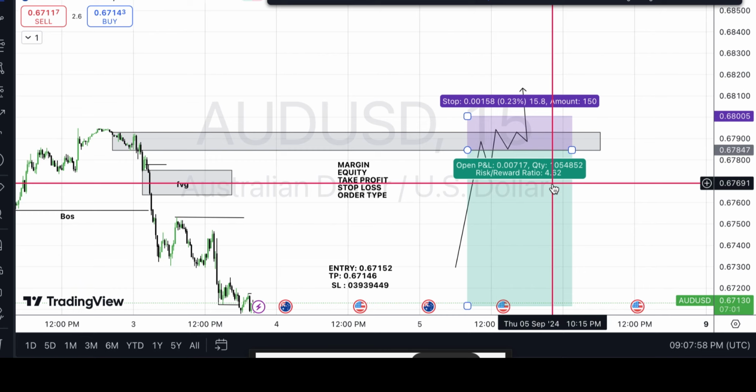Then protecting capital. Okay, this helps by limiting losses. Stop loss helps to preserve your trading account for future opportunities. That's why I always say that you don't put your egg in one basket, because if you start shifting your stop loss and risking your entire account on one trade, you are going to lose out.